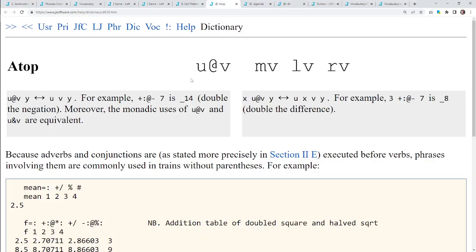Atop. Increment atop of minus 7 is 14. Double the negation. Oh, this is double, not increment. So yes, double the negation. Double atop of negation, 7. So negative 7 doubles to negative 14. Okay.